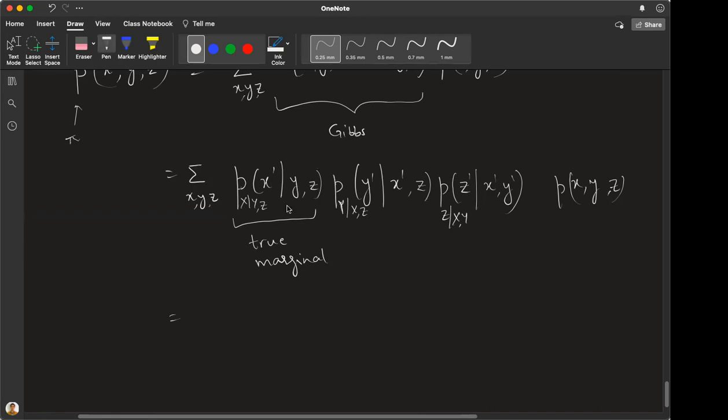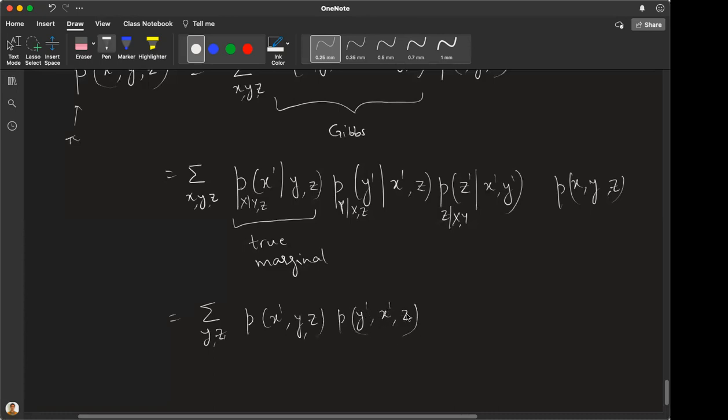This term has got no x, so it can come out of the x summation. The y z summation will still remain, small y, small z, but P of x dash given y z, P of y dash given x dash z.